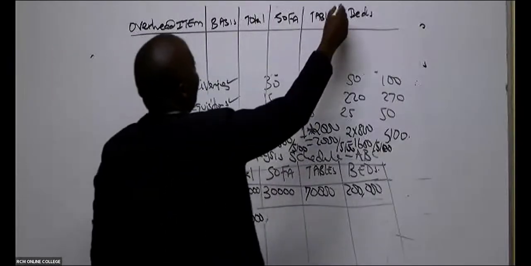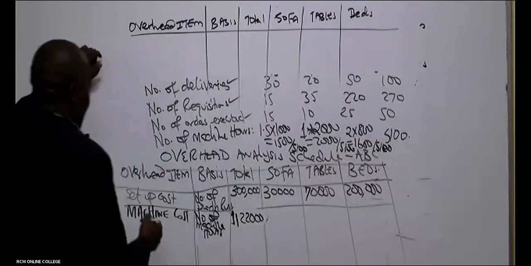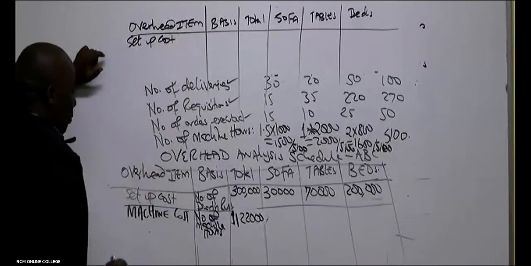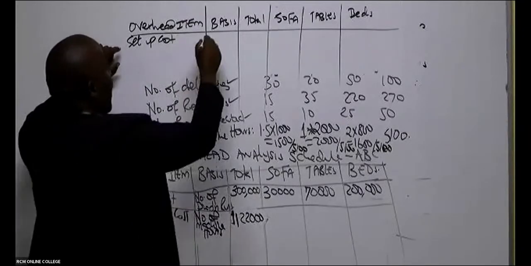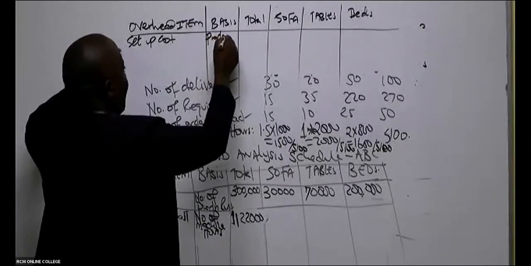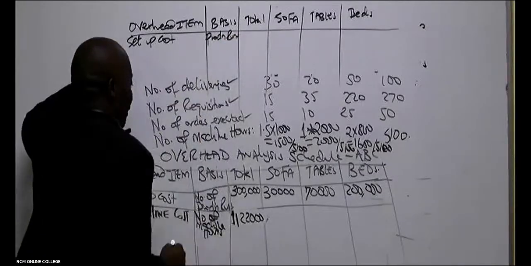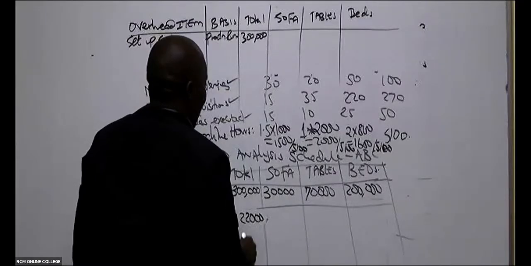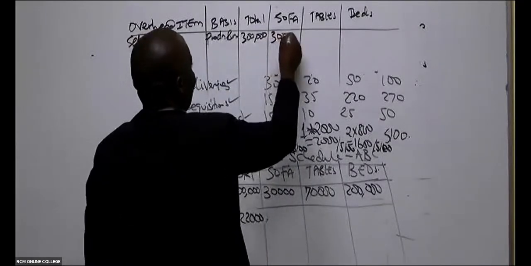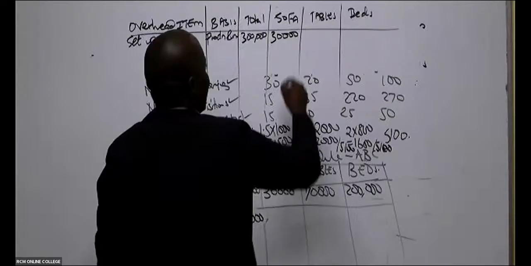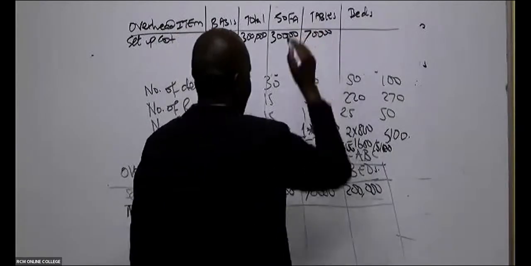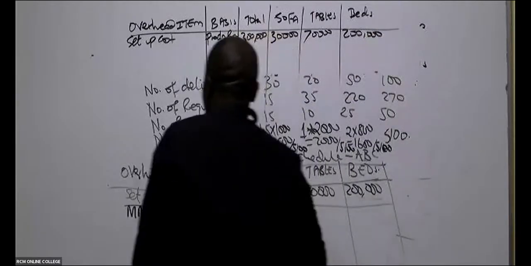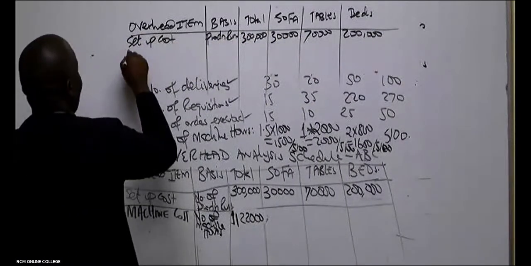The first one is setup costs. You've told me the basis is production runs. The total is 300,000. So far, 30,000. Tables, 70,000. Beds, 200,000. Then you have taken me to machine cost.